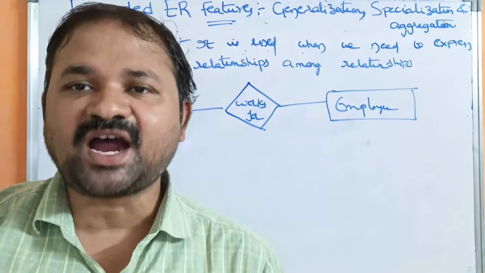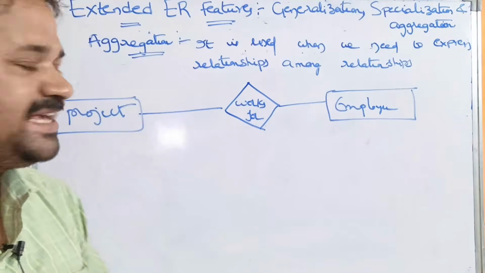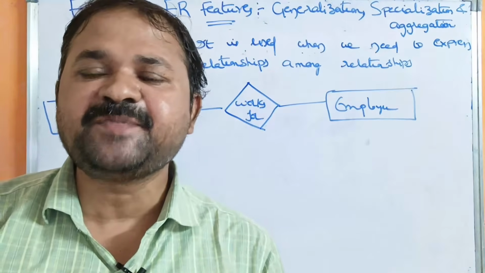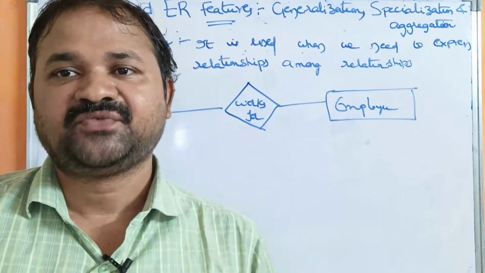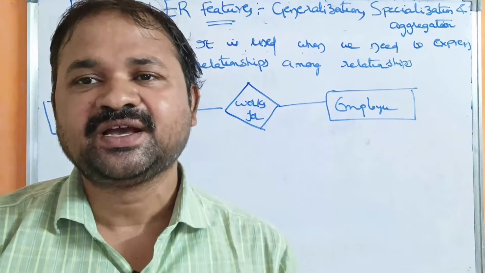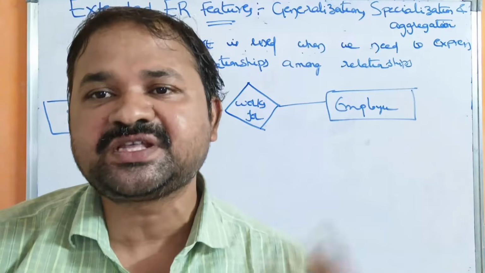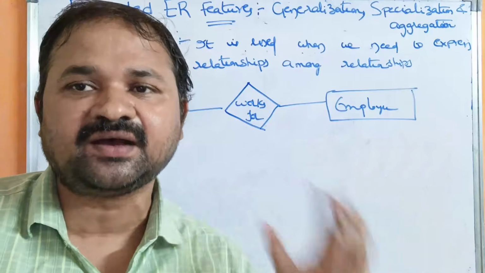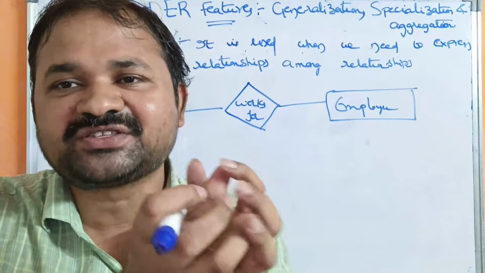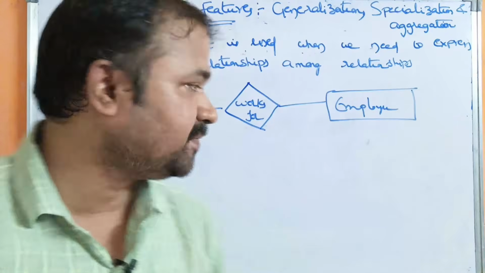Now let us see the third feature, that is aggregation. Aggregation is mainly useful when we have several relationships. When we have several relationships, it is very difficult to use the ER model, so in those scenarios we can use aggregation. The aggregation concept is included in the ER model.